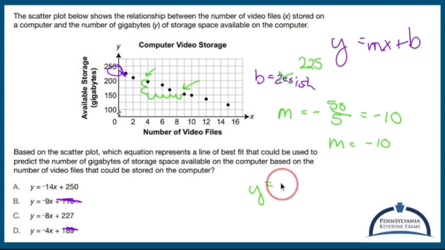So I have y equals negative 10x plus 225. Now that clearly is not what I'm given for either of these. But negative 10 is closer to negative 8 than negative 14. And 225 is closer to 227 than 250. So I'm going to go with C. Okay, I like C. Is it perfect? No. But is it much closer than A? It sure is. Let's go with that. I'm sticking to it.